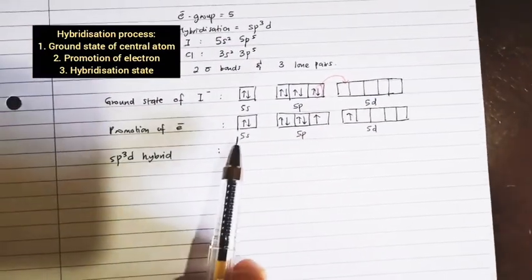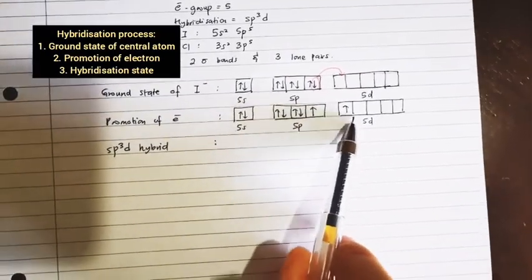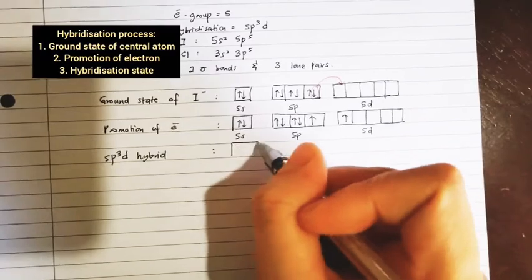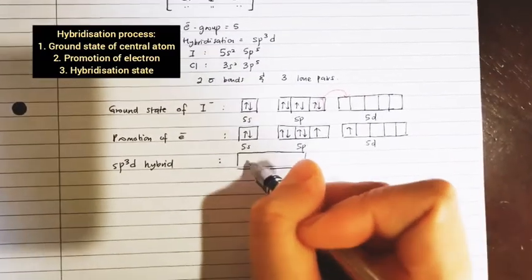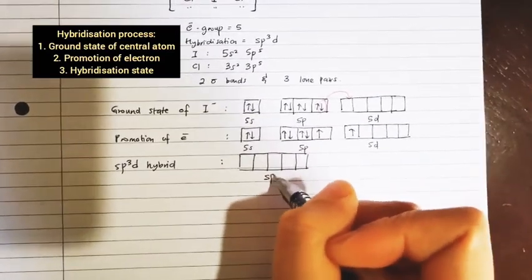Means S plus P plus P plus P plus D. So we just mix all these 5 orbitals. sp3d.